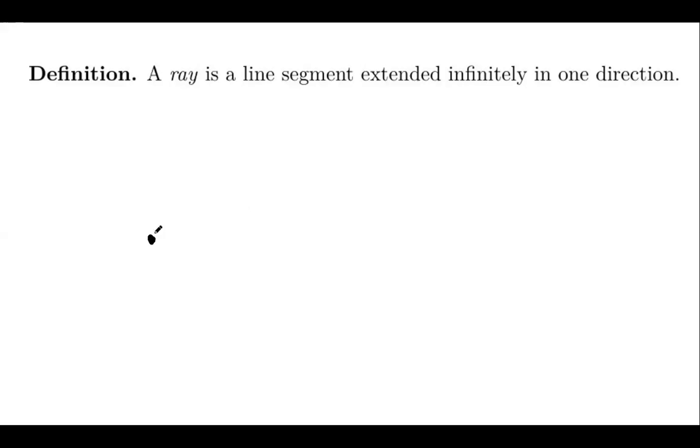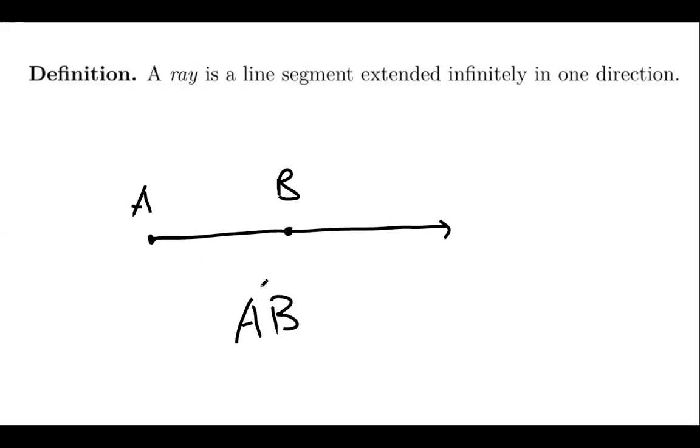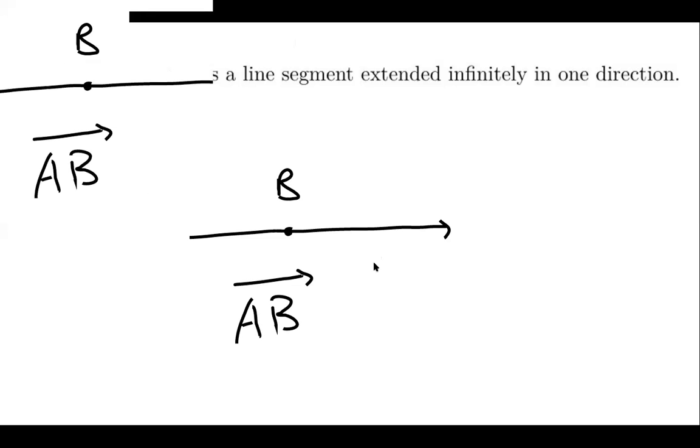Let's say we have a point A and a point B. Then ray AB would be this segment that starts from A and then extends infinitely in that direction. And we would write it by writing AB and writing an arrow above it.